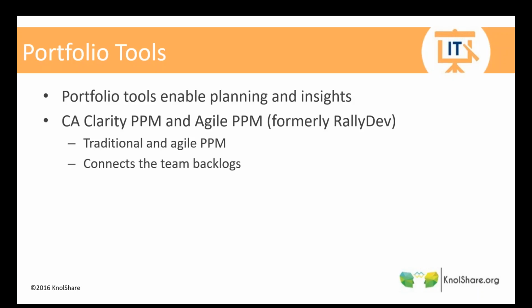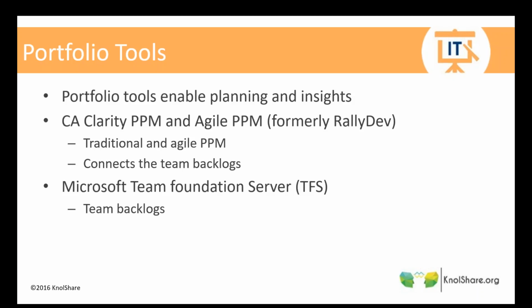So I look at Clarity as one of those players that you could connect in and really get some great value by connecting your traditional business as well as some of the Agile activities that are taking place. So I see the integration between Rally's PPM tool and TFS, which is another tool that we could use, Microsoft Team Foundation Server, where if you're doing Agile and you're getting into that practice, teams have a backlog of work to do, just like the organization has a backlog of strategies that they have to get done through the different teams.